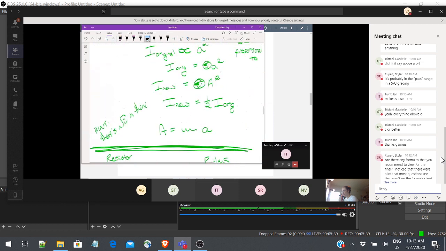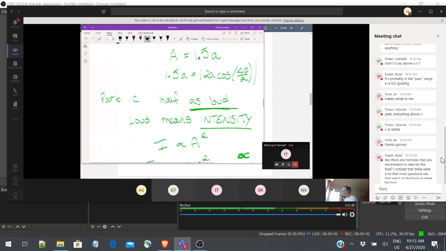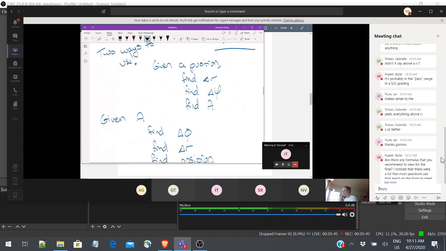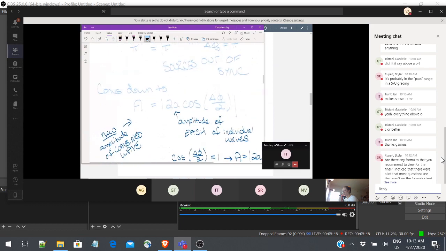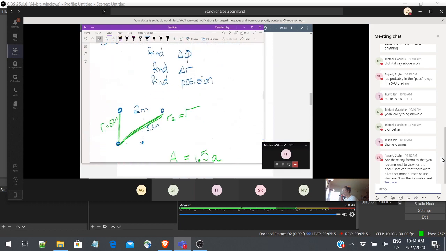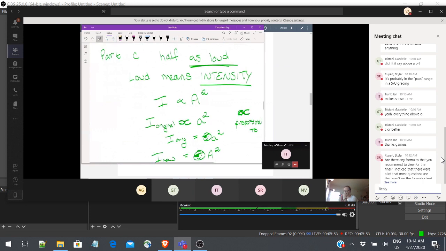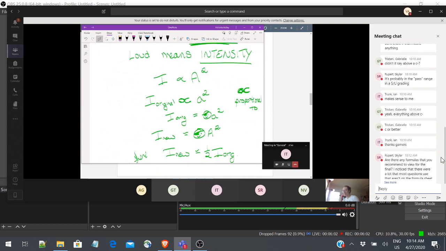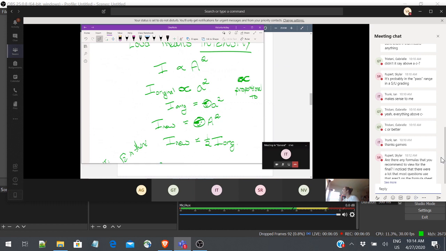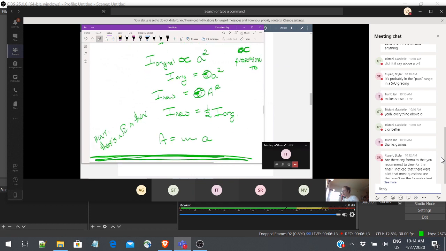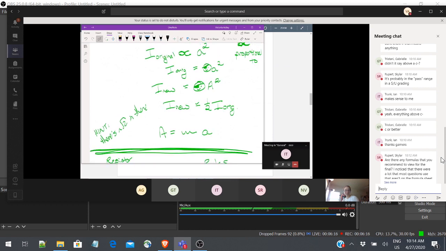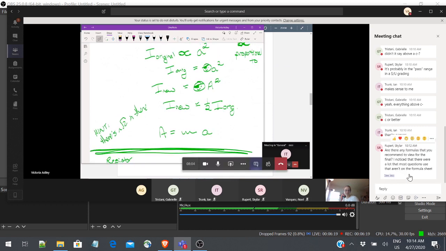We talked about yesterday a little bit. Loud means intensity. So it has to do with the square of the amplitude. So there's a proportion. I just used a little pirate smiley face as whatever the constant of proportionality is. It's like in both cases, it's some number times A squared. And so what you end up with is something with the square root of 2 in it. So that one is a little more complicated.